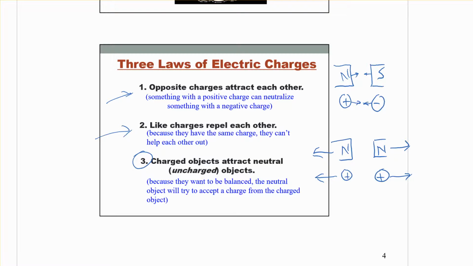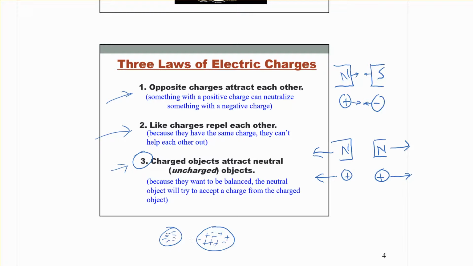The reason for this, you really more than anything need to know that this is true, but I'll show you why that's true. Let's say some charged object is negatively charged. It's got a whole bunch of electrons. And we've got this object that's neutral. So originally it's got evenly spaced out negatives and positives. And this is saying that they should be attracted to each other.